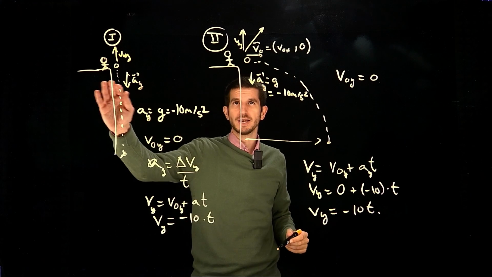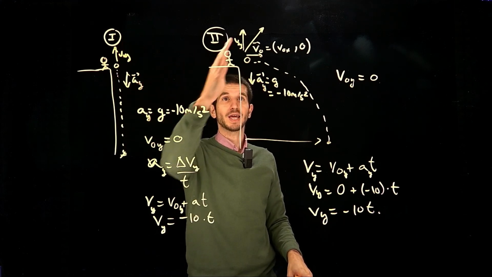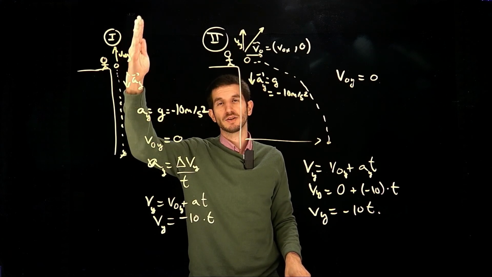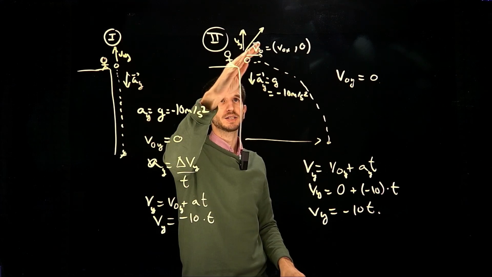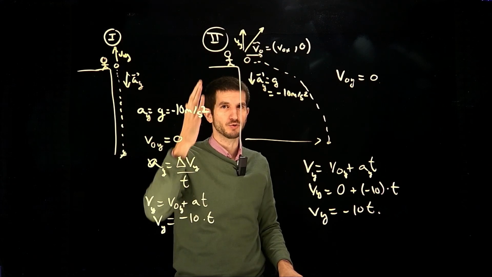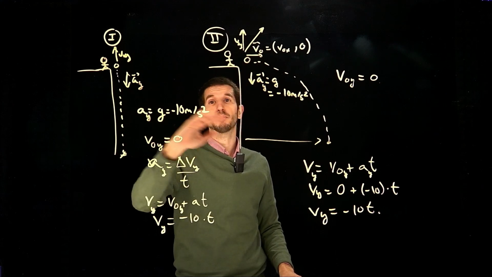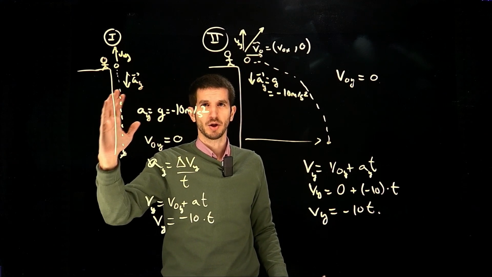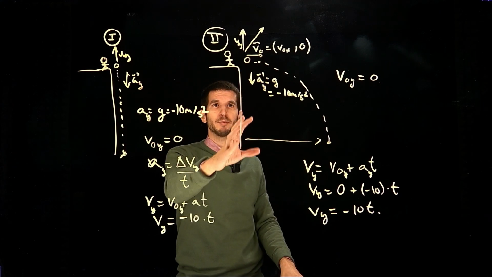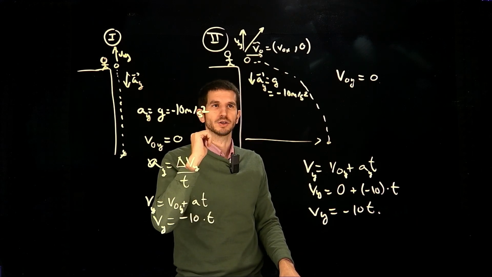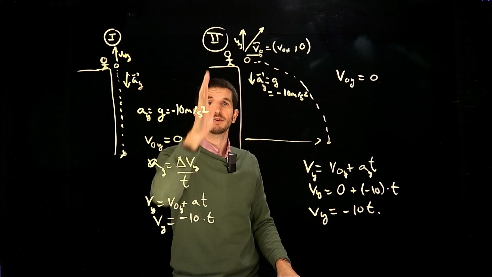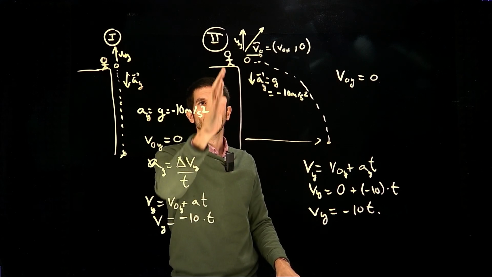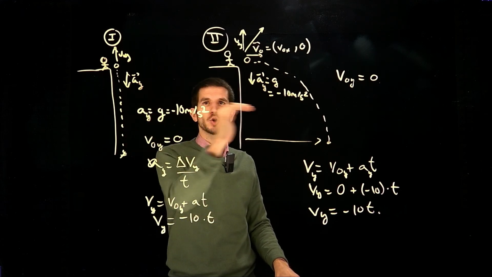So if in both cases the vertical initial component is the same, in this case the component is the vector itself because we're moving in a line. In this case, no. So we need to find the component that is vertical and see. And if the vertical component is the same, then it's going to be exactly the same problem. So any motion that happens with a parabolic shot is going to be defined as a free fall, taking care of the vertical component, and then just horizontal motion.